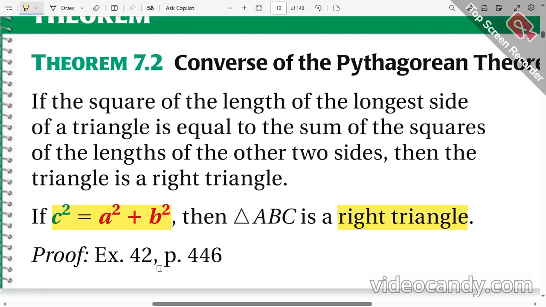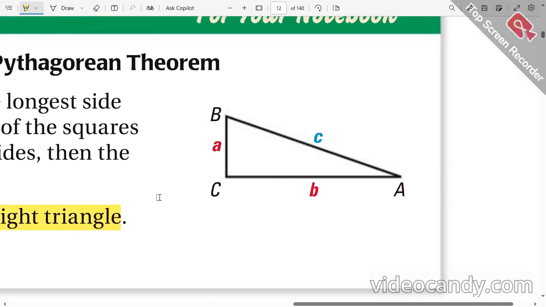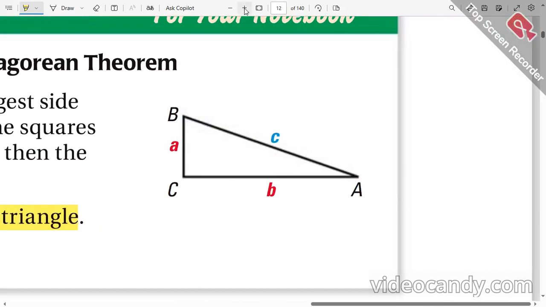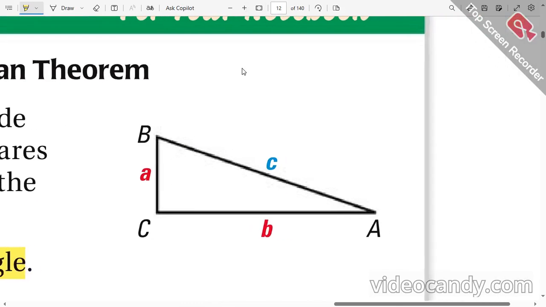Okay, so if you have side lengths of a triangle, you have to test this theorem out. And if it works, then it's a right triangle. All right, and you want to remember when you have the side lengths, you're always going to use C as the longest side. So when you have your 3 side lengths, A, B, and C, just make sure you use C as your longest side.